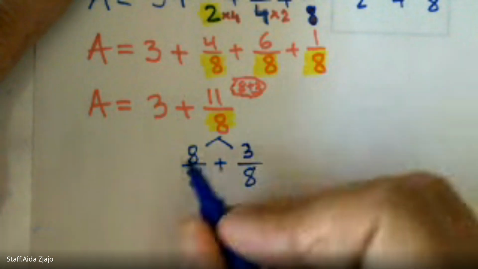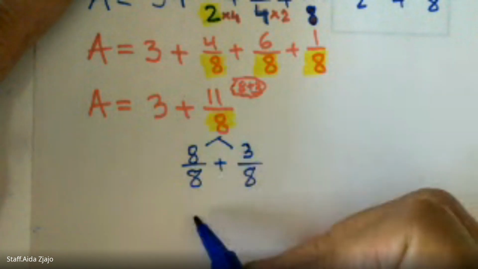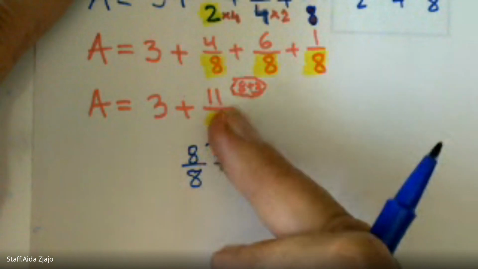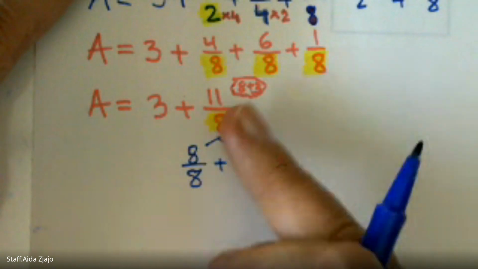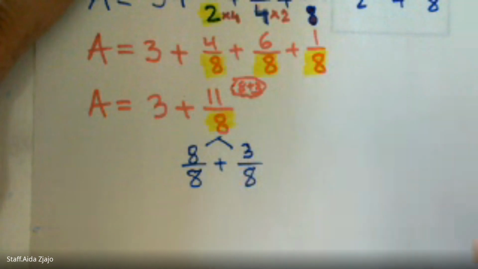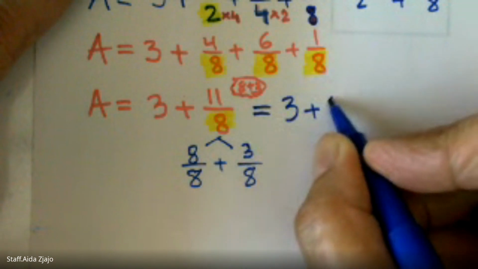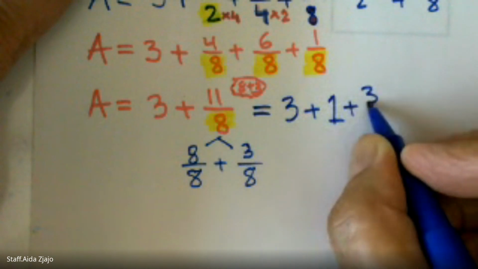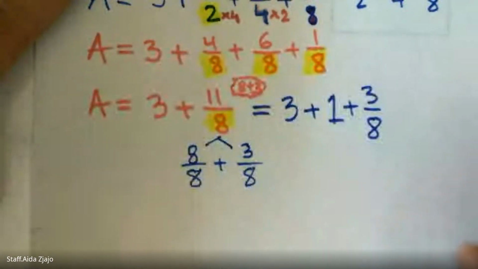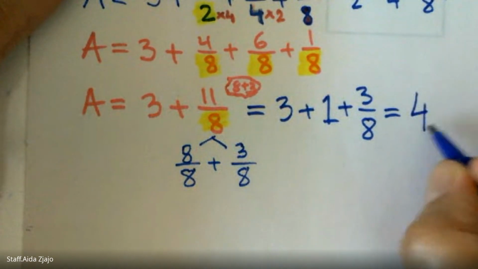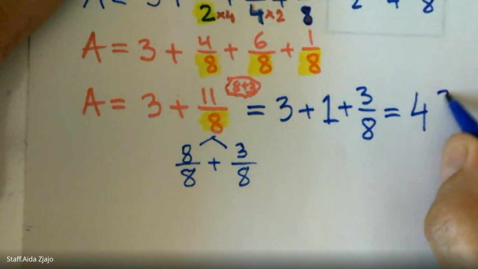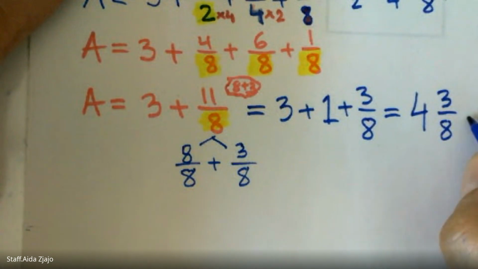When I decompose this into 8 eighths, I create a whole. So 8 pieces will make a whole, and I will have three pieces left. So finally, this is 3 plus 1 whole plus 3 eighths. So the final answer is 4 wholes and 3 eighths square inches.